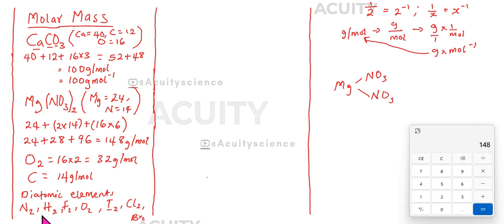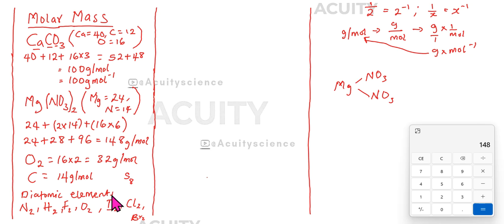So these are nitrogen, hydrogen, fluorine, oxygen, iodine, chlorine, bromine. Okay, those guys have 2 down there. The rest of them just stand fine on their own, at least for the first 20 elements, except sulfur, which we can find in this form, S8. Okay, so you just have to know this.